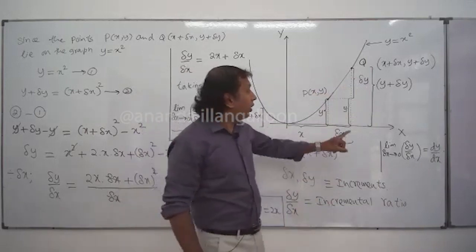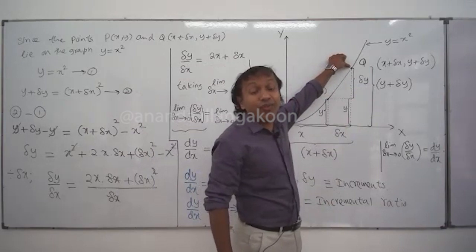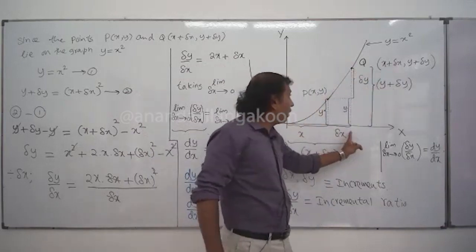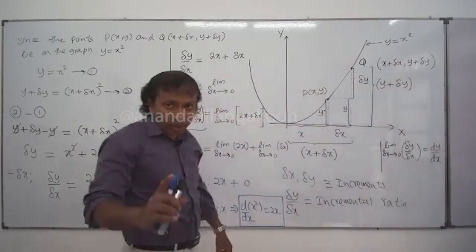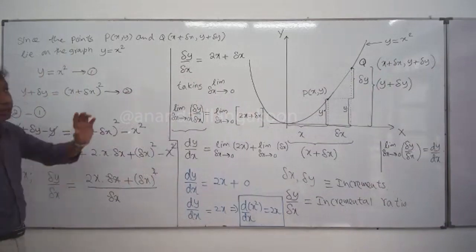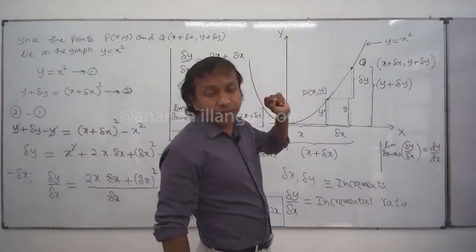So therefore, the new point on the graph is Q. Its x and y coordinates should be, people, x plus delta x. This is the x coordinate. Its y coordinate is y plus delta y. Understood? So now both the points P and Q lie on the graph with the equation y equals x squared.